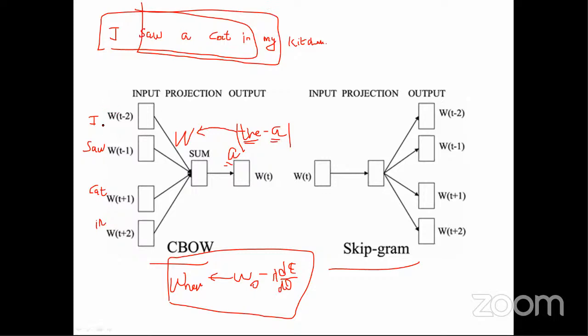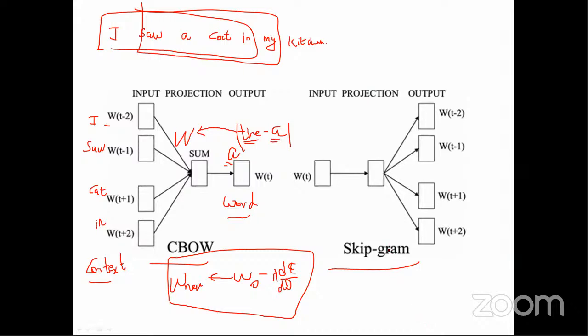So this is called CBOW. Here in CBOW, the input is context and the output is word.